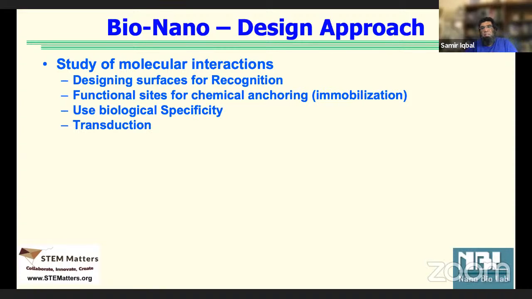So we use the biological specificity to our advantage. Maybe it's antigen and antibodies that we use. The antibody is a protein which is produced by a host to bind to and to activate against a foreign particle. So we know their binding. They are made by a host to specifically bind with it.